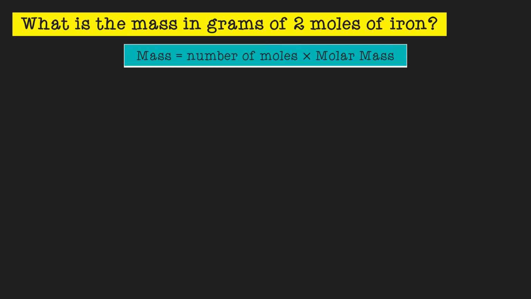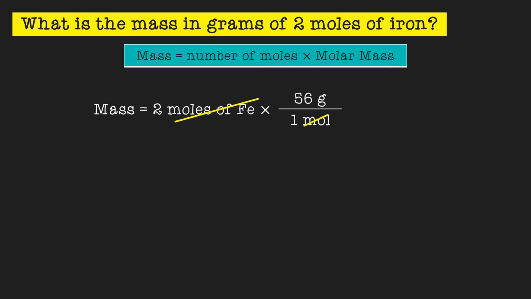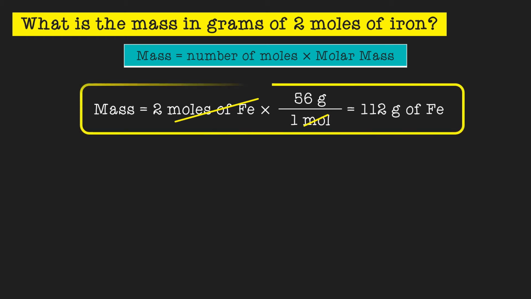Substitute the number of moles with 2 moles of iron times the atomic mass of iron, which is 56 grams per mole. Note, we use the atomic mass since the given is an element. Canceling the mole, we are left with grams. 2 times 56 is equal to 112 grams of iron.